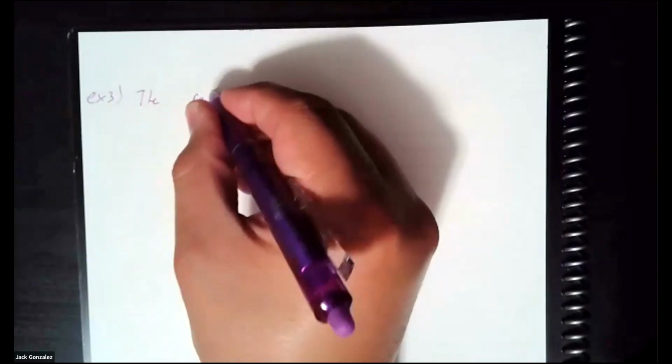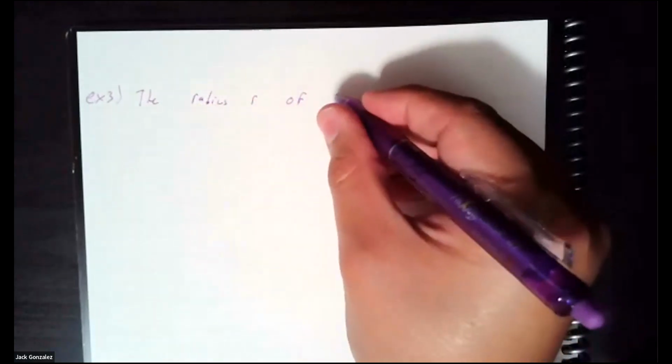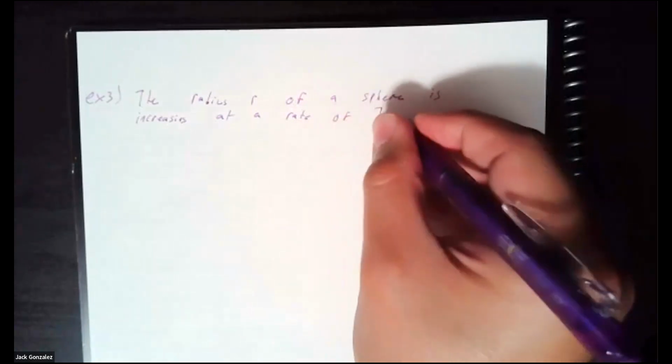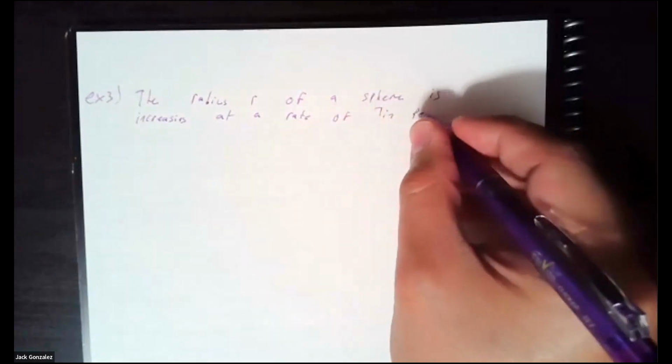Let's do another one. Okay. All right. The radius r of a sphere is increasing at a rate of 7 inches per minute.